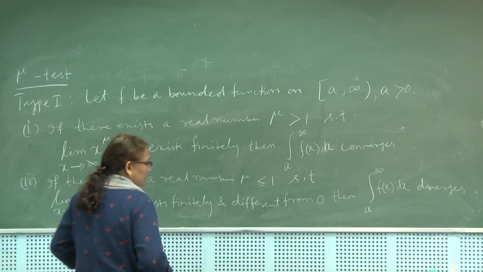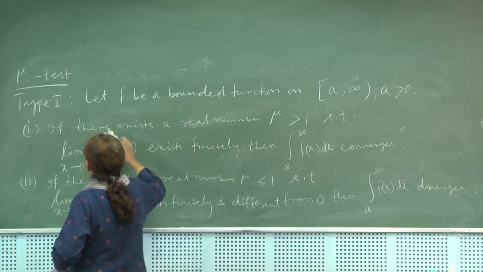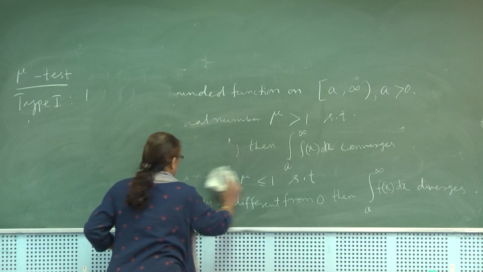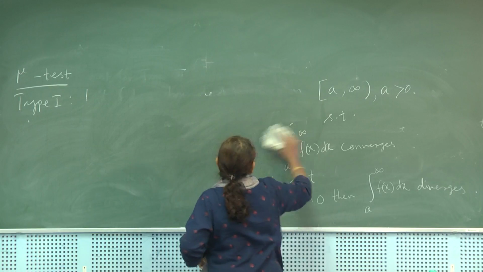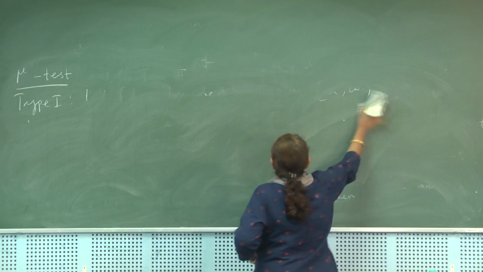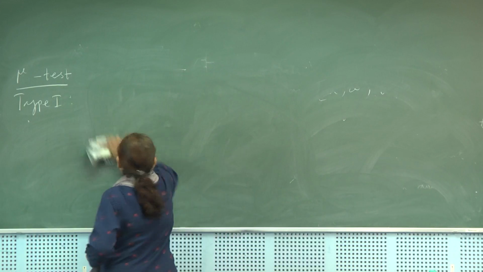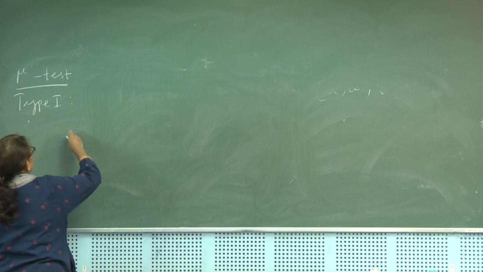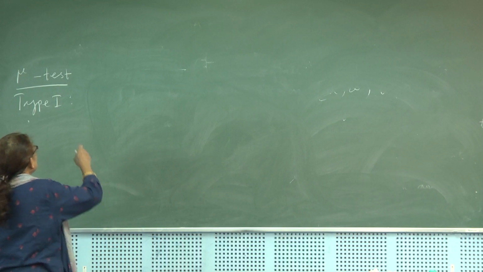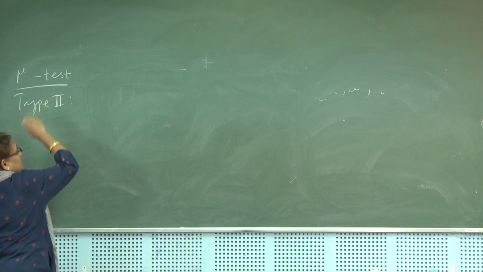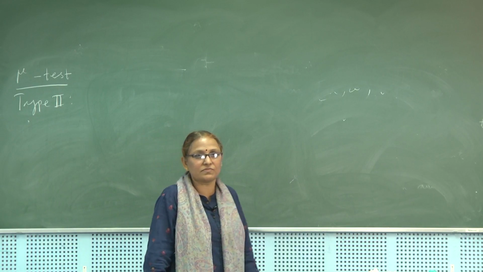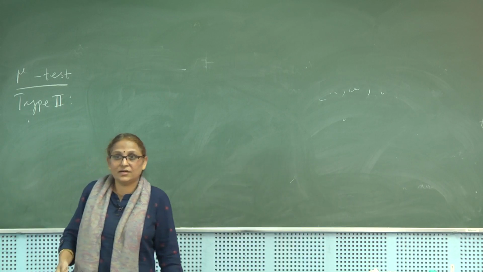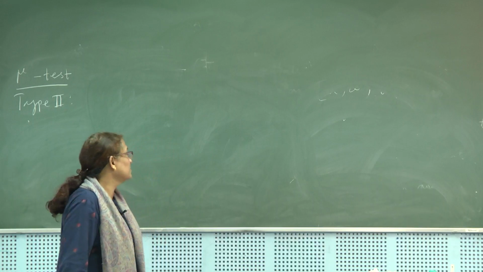So, similarly, we also have the mu test for type 2 improper integral. For that also similar kinds of results are there, and those results are like this. Here we consider this type 2 improper integral, and you know that for this we consider a closed interval, with a and b finite numbers.